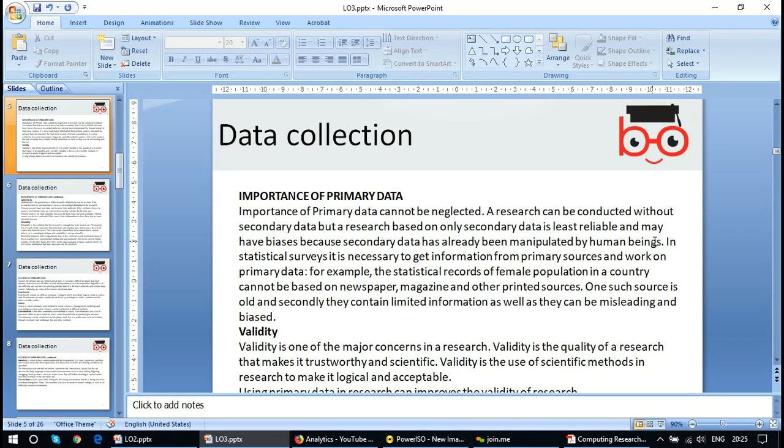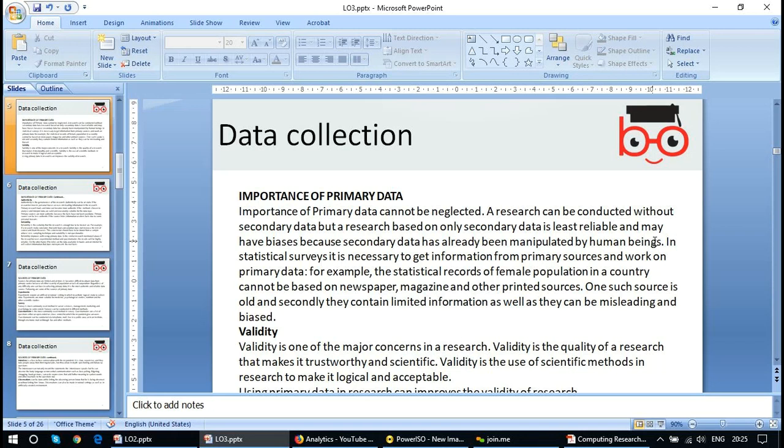For example, the statistical records of the female population in a country cannot be based on newspapers, magazines, and other printed sources. Firstly, such sources are old, and secondly, they contain limited information as well as they can be misleading and biased.